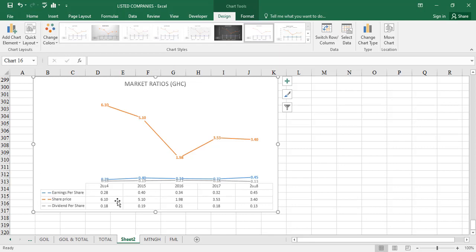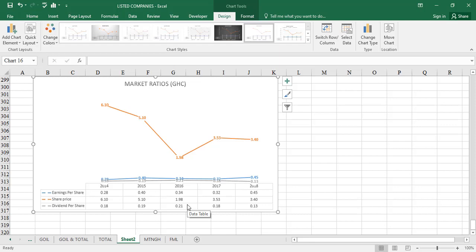Now looking at the share price throughout the years from 2014, where it was trading around 6.1 or 6 cedis 10 pesewas, and as at 2018 it was trading at 3 cedis 40 pesewas. That is about half the price it was trading in 2014, with the lowest price being in 2016, where it traded around 1 cedi 98 pesewas.